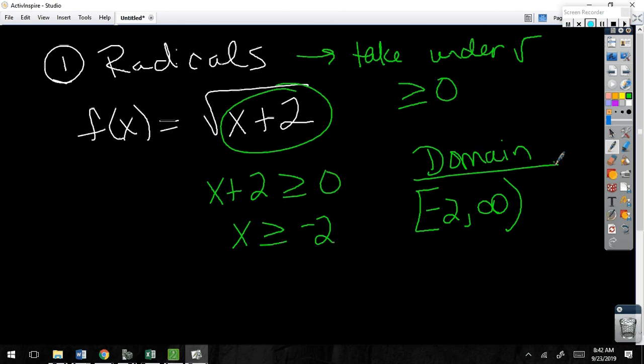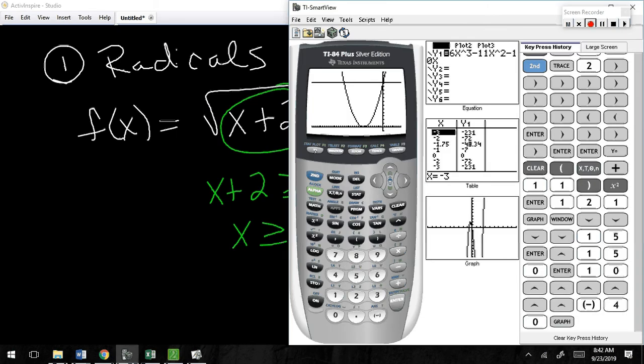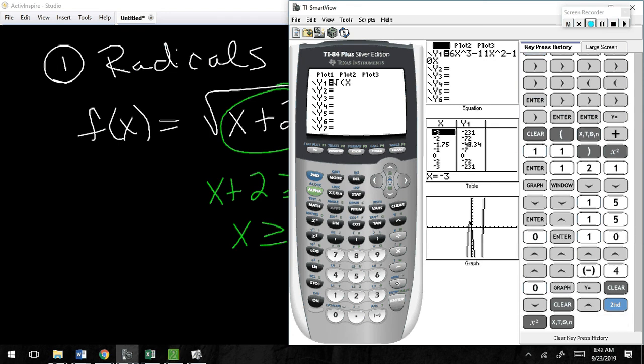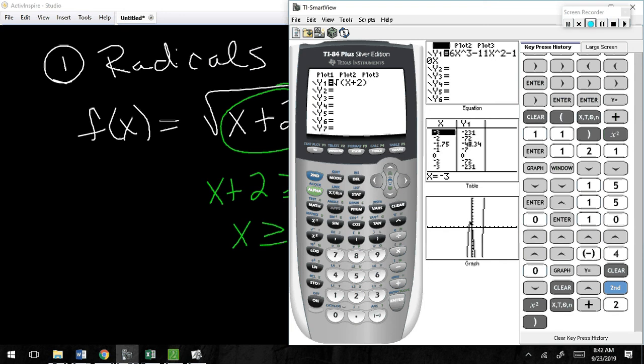Now to do the range, I need to graph it. I'm not going to make you graph these by hand just yet. If you take out your calculator and enter the square root of x plus 2, make sure you see how my parentheses go around that radical part. I need to keep all of that so that it all stays under the radical.